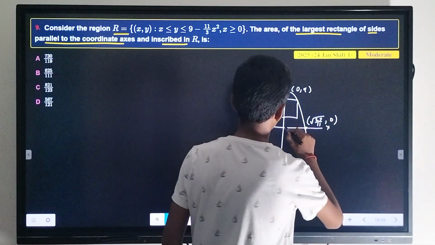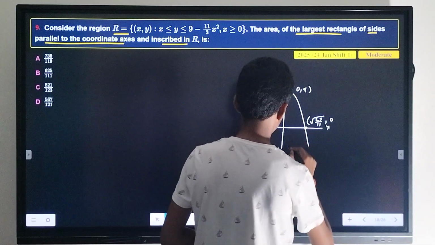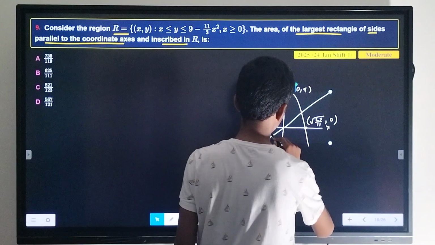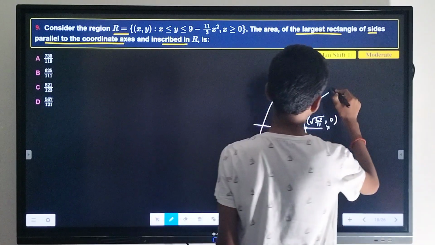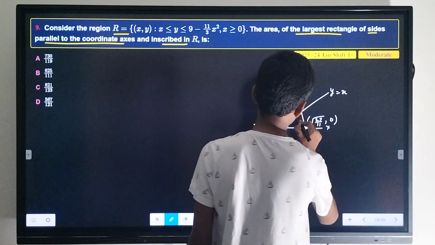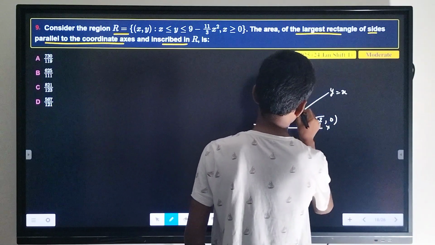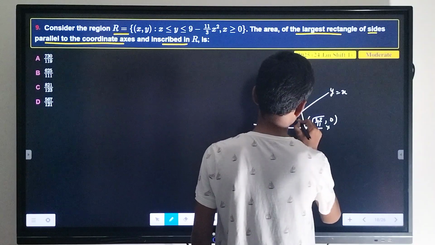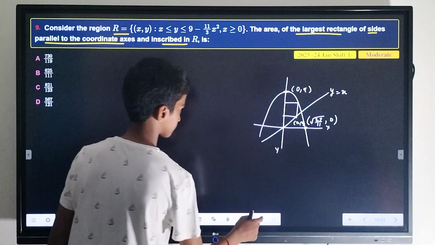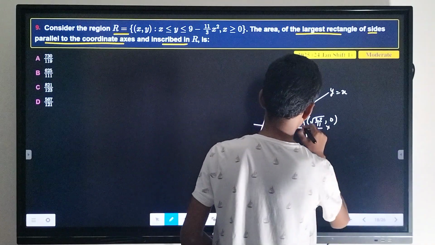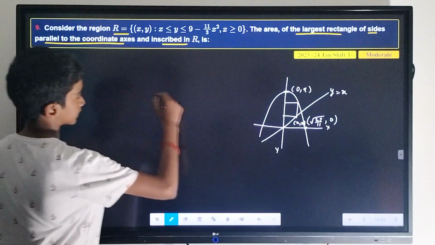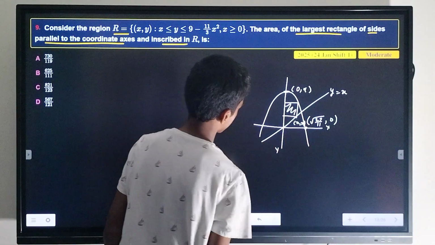Here also we have a line, y is equal to x, and here is our rectangle. Now let's say this point is x comma x. We have to find the area of this rectangle.